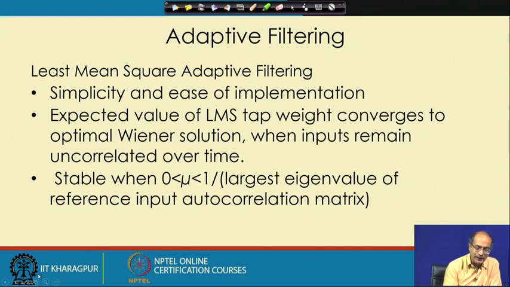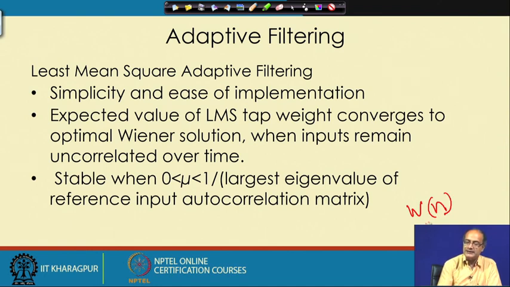Now, why are we so worried about the simplicity and ease of implementation? The reason is, in the case of an adaptive filter, we are going to update W n.